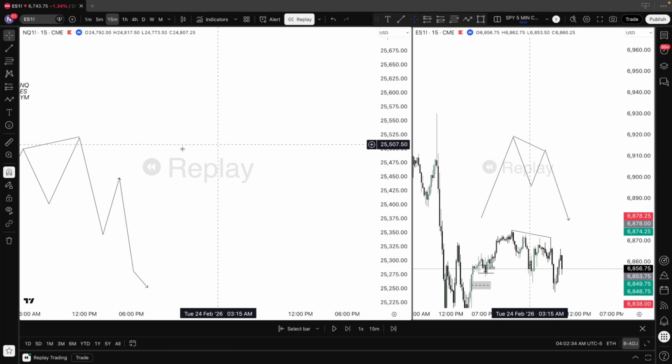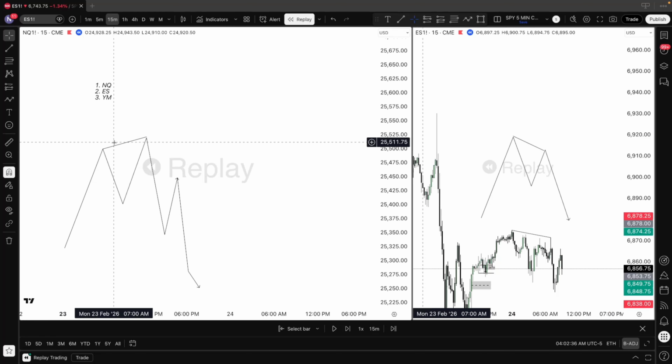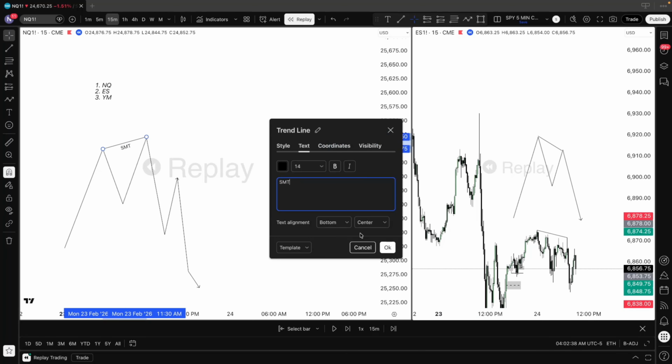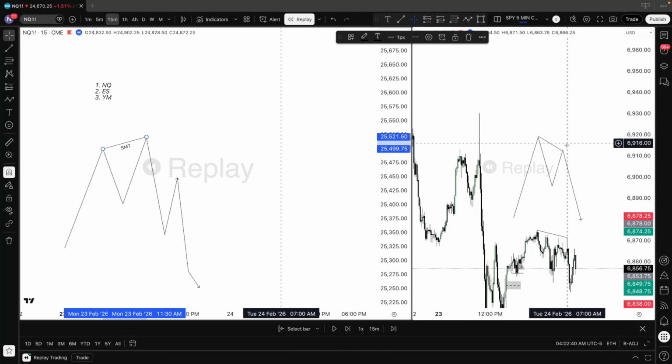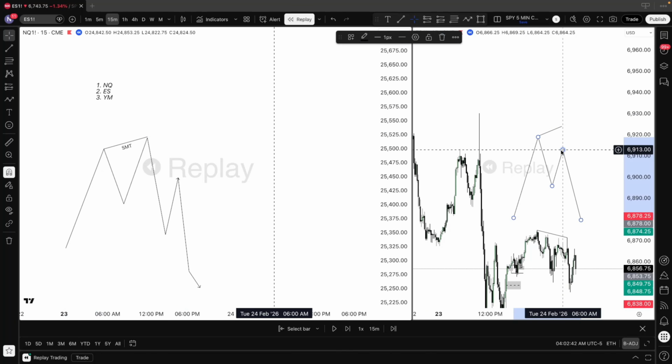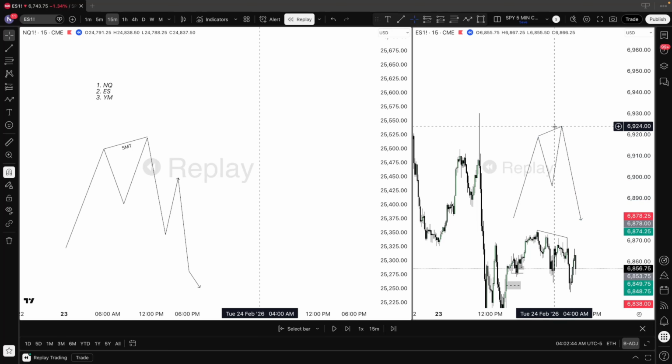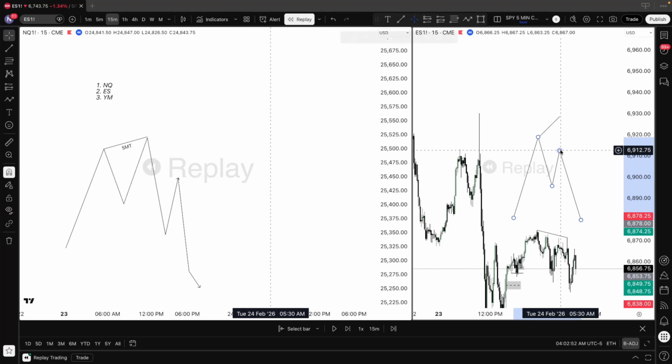In this example, this is what SMT is, so we would label this SMT. Now, let's say that ES also took the high and we start to get displacement. A lot of times, if you go check YM, you will notice that SMT is put in place. Let's just pretend YM does not take the high, and that'll be our SMT.